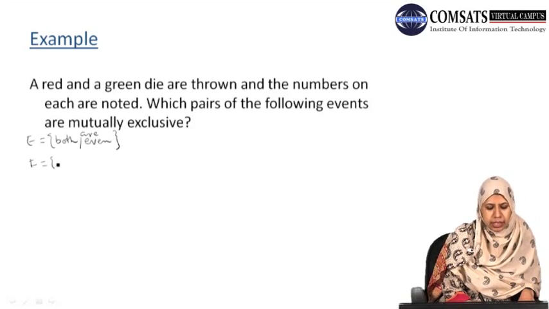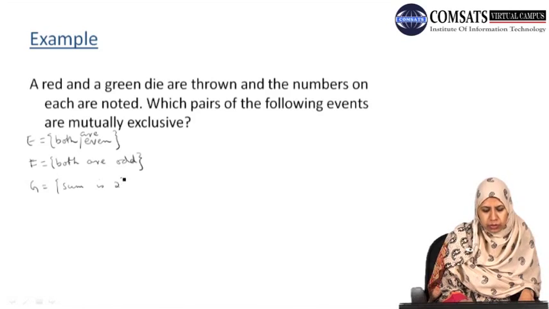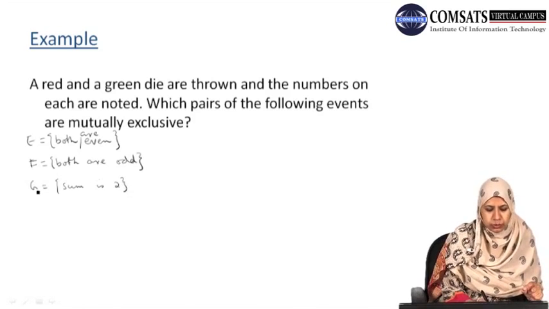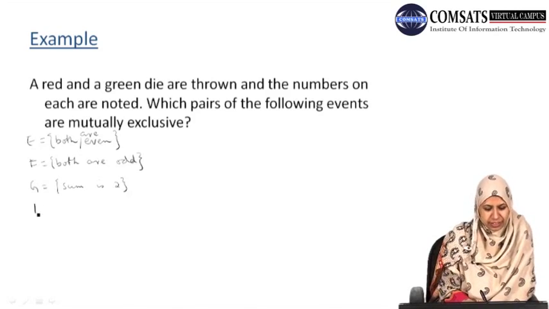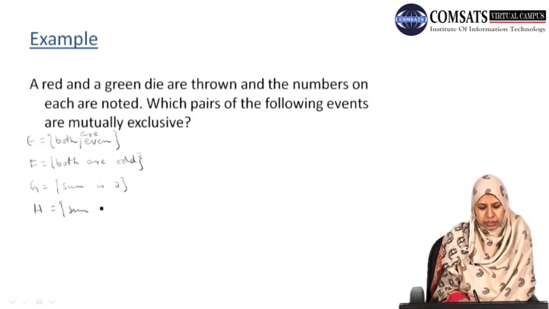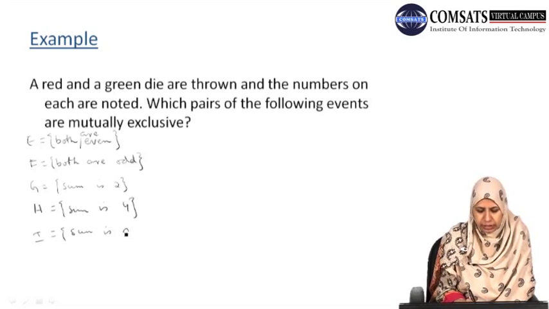The second event is that both the numbers on each die are odd. The third event is that the sum of the numbers on both the dice is 2. The fourth event is that the sum of the numbers on both the dice is 4, and the fifth event is that the sum of the numbers on both the dice is greater than 10.